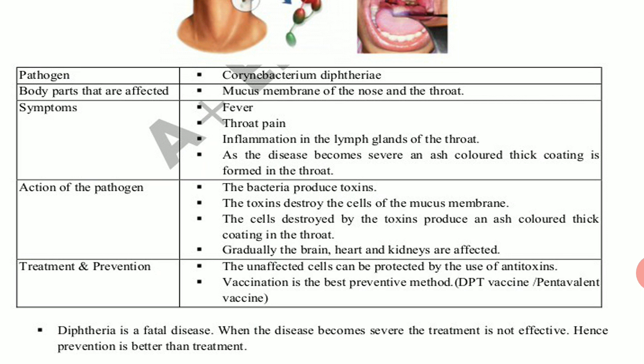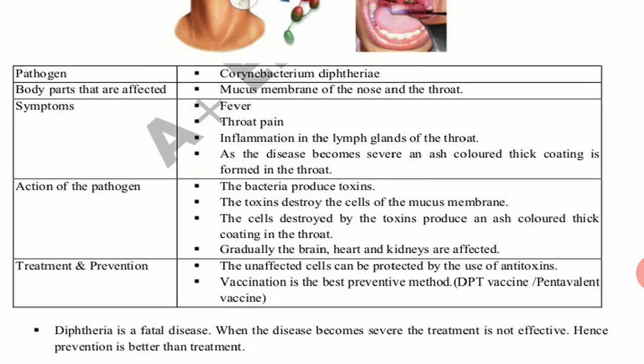Children are given this vaccine. You can go through the booklet given from the medical centers or hospitals soon after the birth of a child. There will be details. If there is any child in your home, go through that booklet given from the hospital. There different types of vaccines are mentioned.